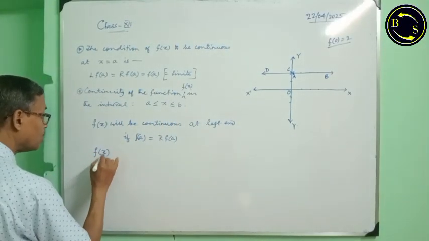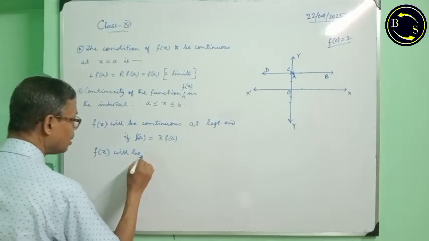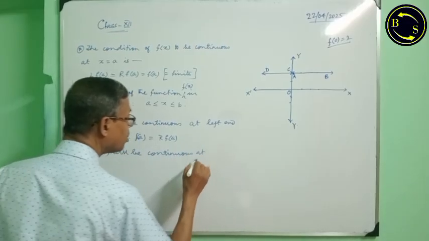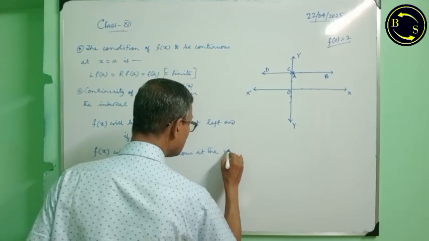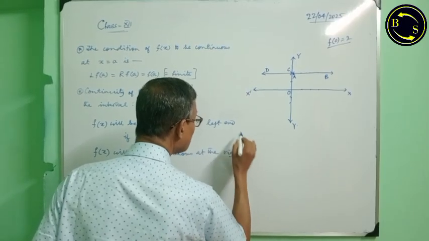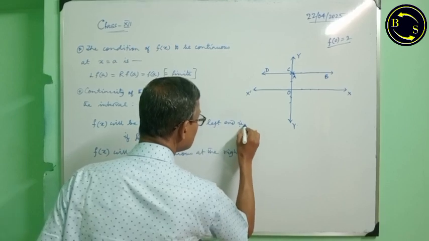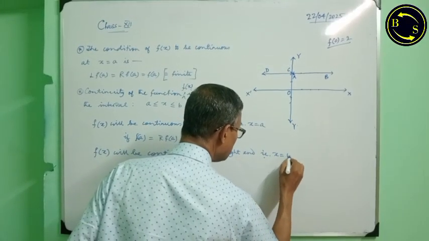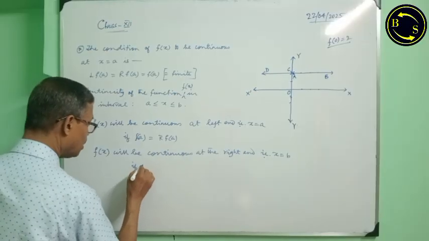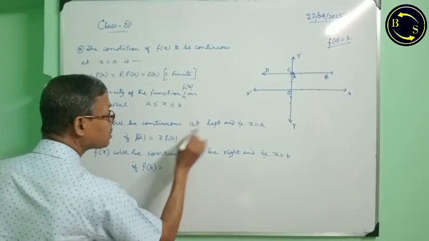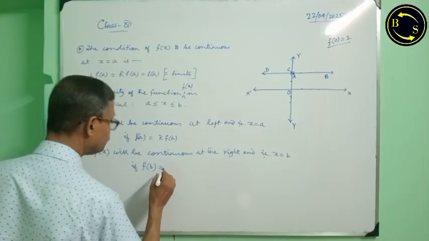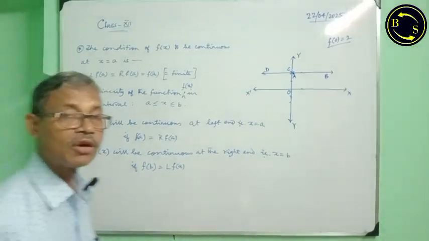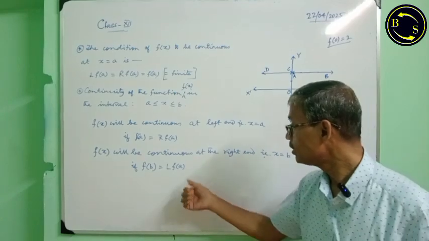And for the right end, here I can say left end, that is x equal to a, right end, that is x equal to b, continuous at the right end if the value of the function at the point x equal to b is equal to the left hand limit of the function as x tends to b.